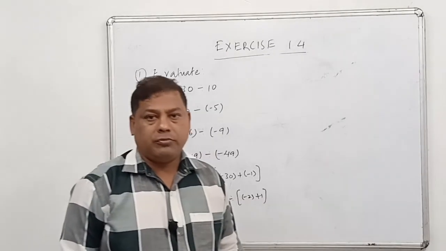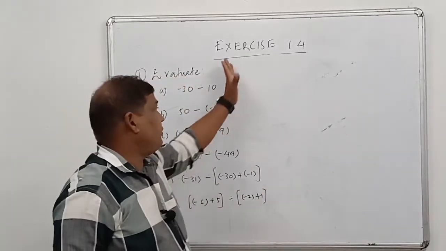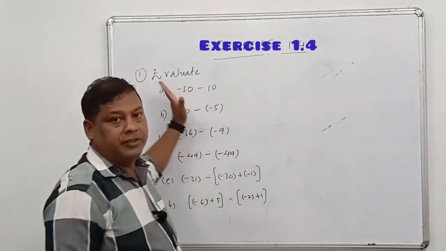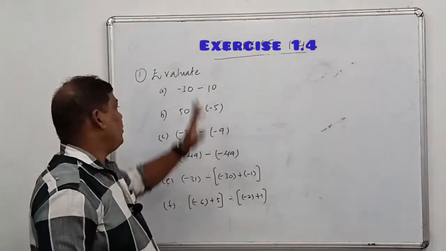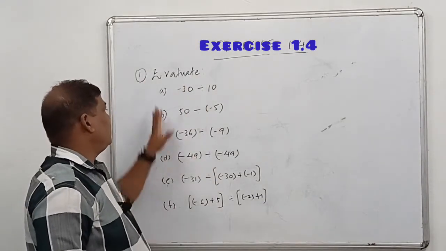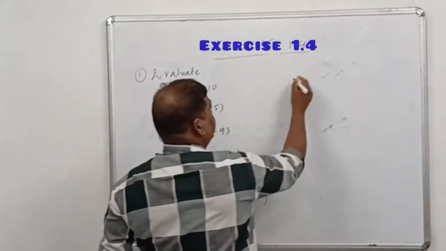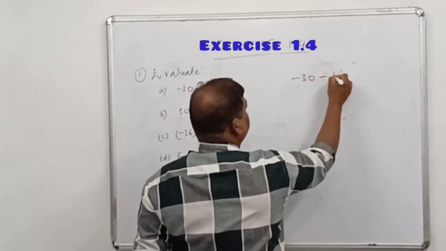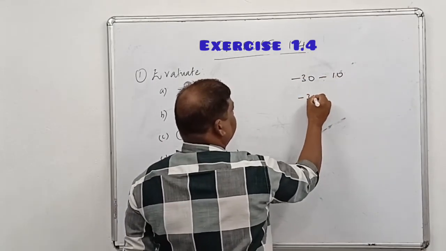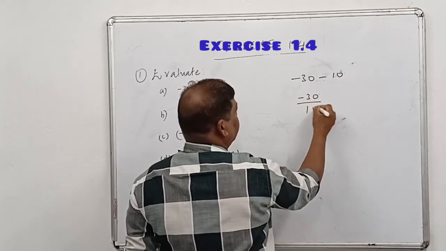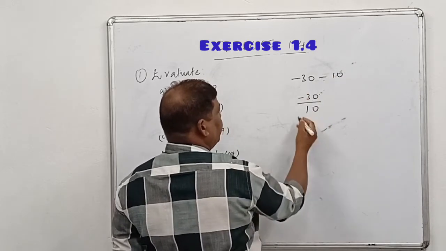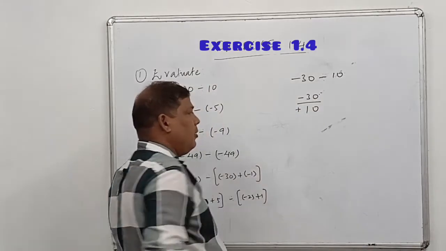Now let us solve some problems from exercise 1.4. Here is the first question. Evaluate the following. We will see the first one: -30 upon 10. Here -30 is the negative integer, 10 is the positive integer.